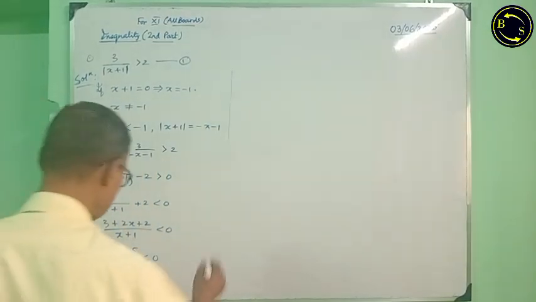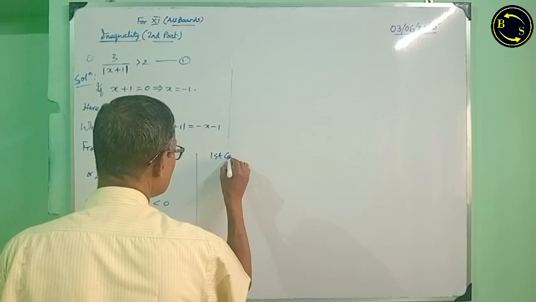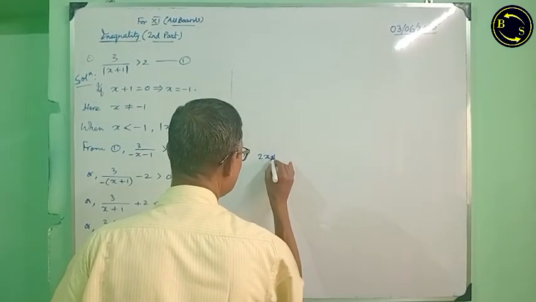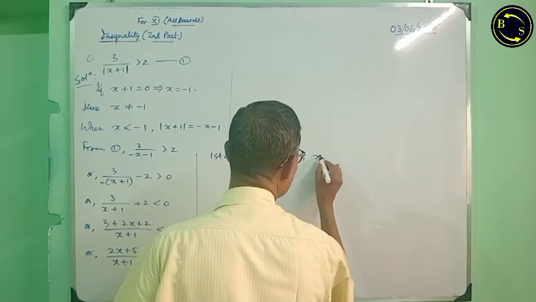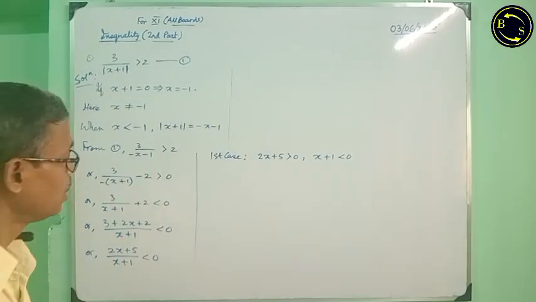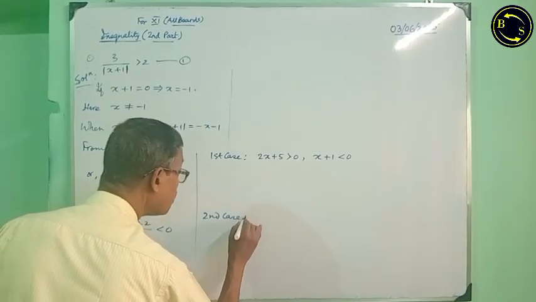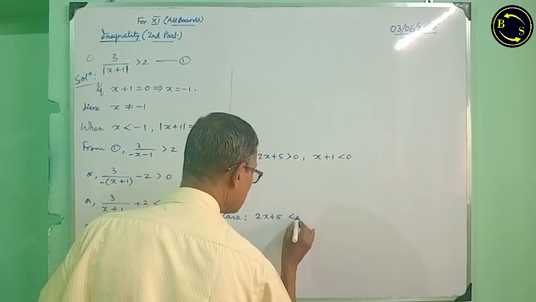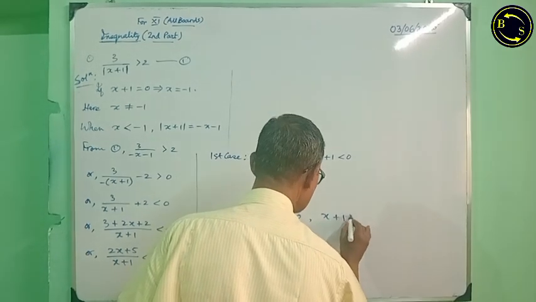Therefore, I write here, first case: 2x plus 5 positive, x plus 1 negative. Second case: 2x plus 5 negative, x plus 1 positive.